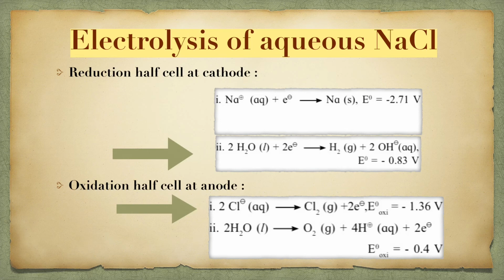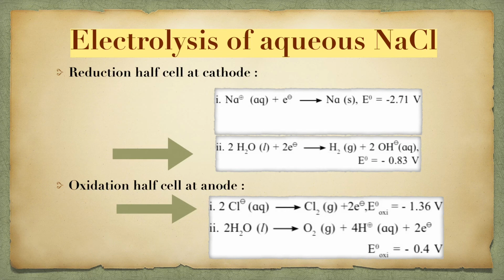One of the reactions will be the reduction of Na+ ions, as in the case of molten NaCl. The other reaction will be the reduction of water to hydrogen gas. Which will actually happen at the cathode will be decided by the standard potential for water as well as sodium ion.